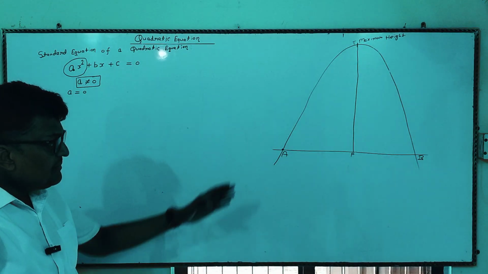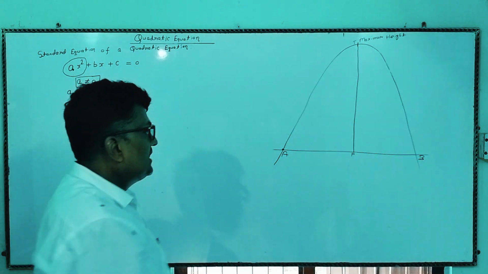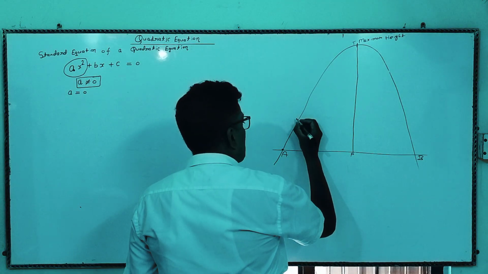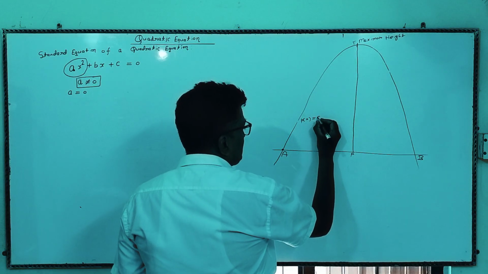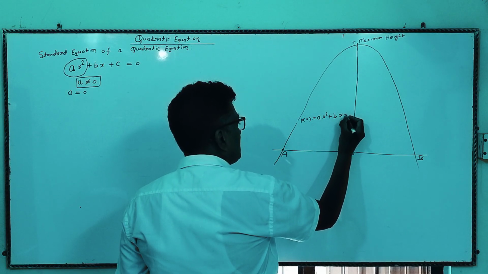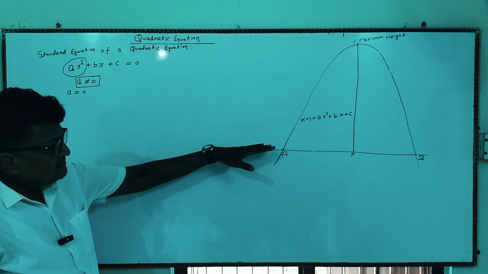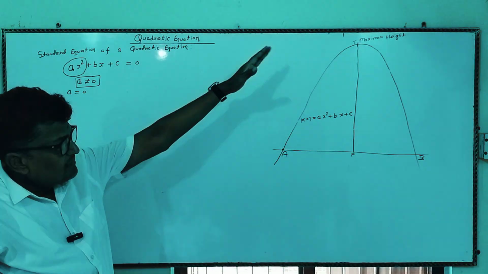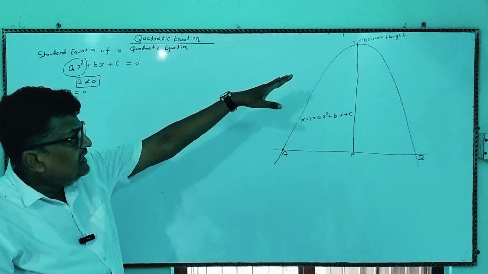Okay, so remember the equation of this parabolic graph will always be a quadratic equation, means p(x) is equal to ax square plus bx plus c. Suppose this is the equation of this parabolic path, and you ask, sir, what is the height?